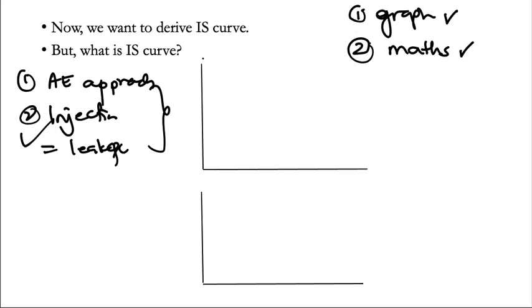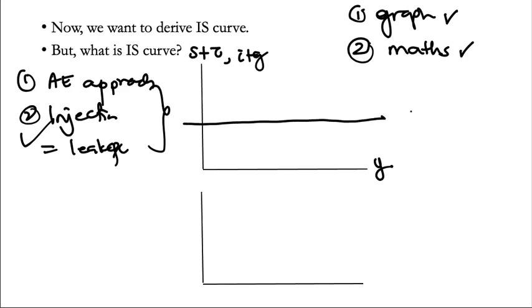So in the first frame of diagram, we have S plus tau and also I plus G. Here we have real output. And let's say initial situation is this. So investment at current level of interest rate plus G, and we have saving plus tau.